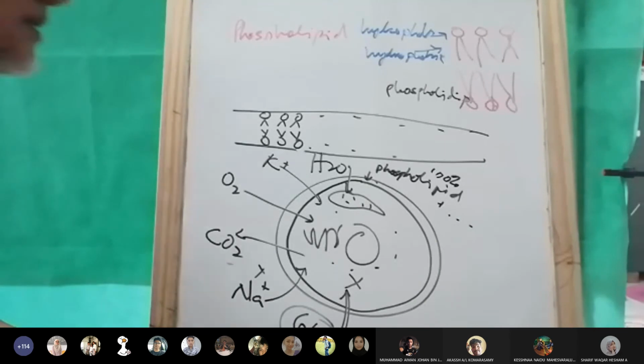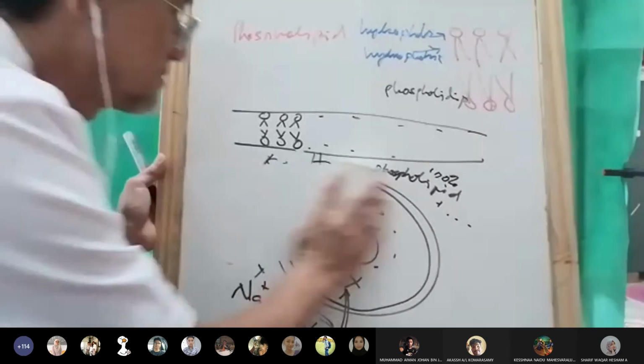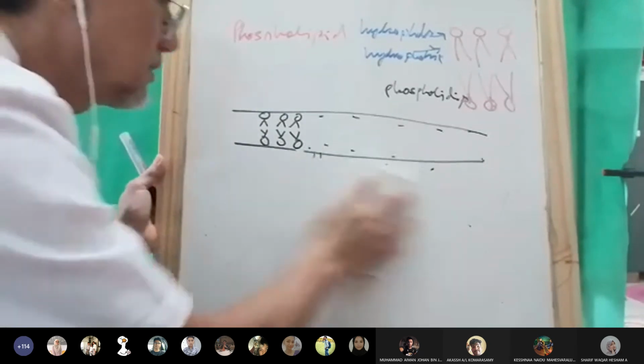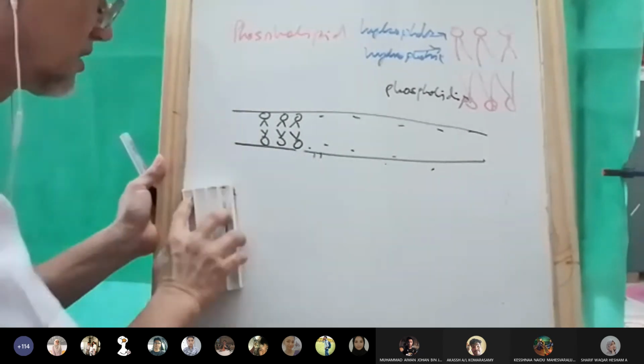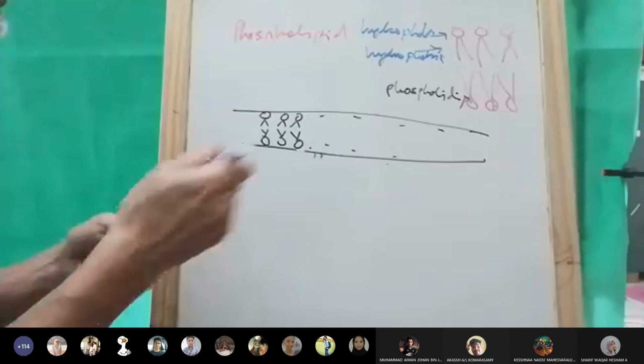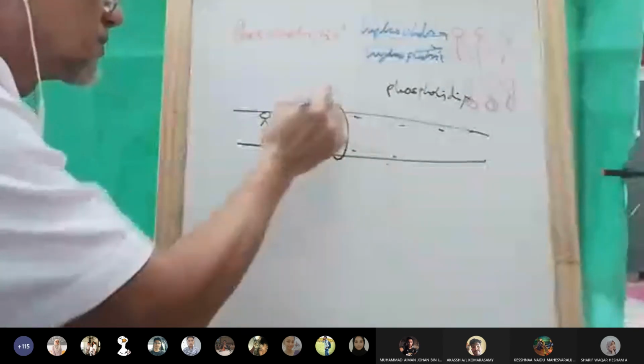So in this case, the cell becomes more intelligent and says, I cannot have only phospholipid as my cell membrane. It's not going to work for me. So I need protein to be in there. So it's embedded with proteins.